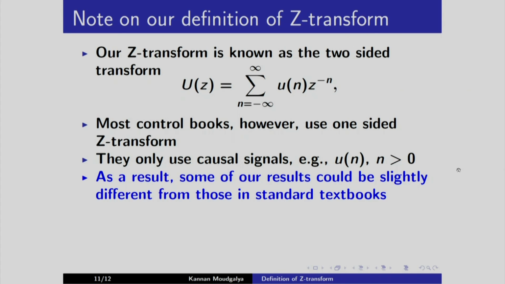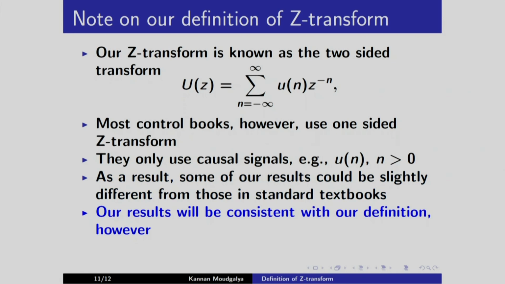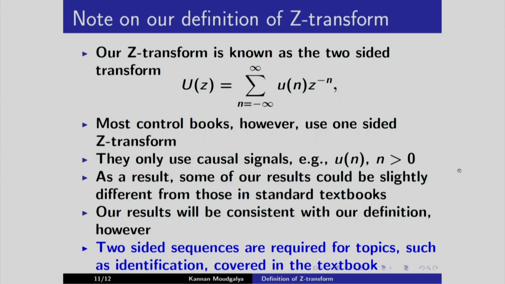Because of this, our results could be slightly different from those in standard textbooks. We will make sure, however, that our results are consistent with our definition. Why do we use two-sided sequences in this course? Because these are useful in some topics such as identification covered in the textbook.